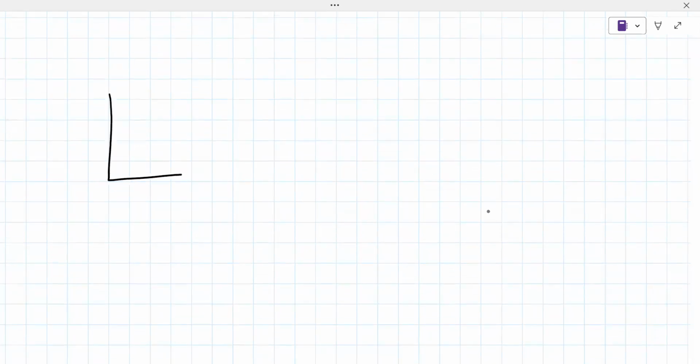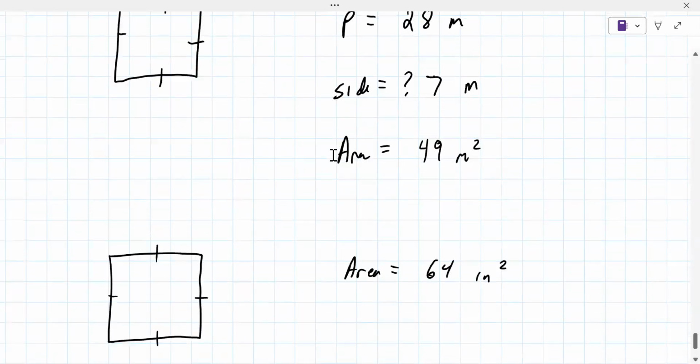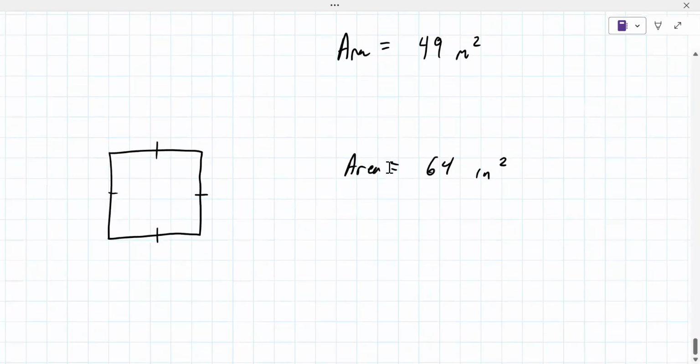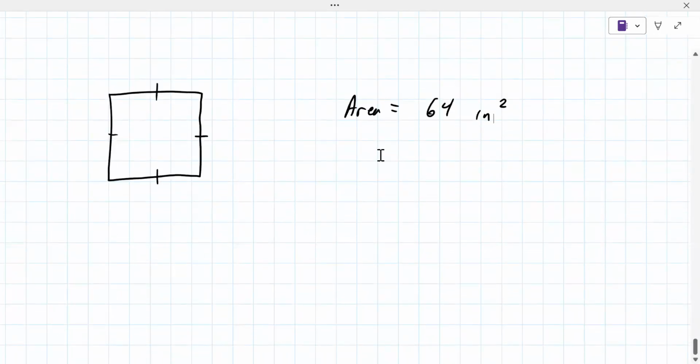Let's say again, I give you a square. All the sides are the same, but this time I tell you that the area is 64 inches squared. Okay, would I do the same thing? Well, this time I'm giving you the area. What did I give you in the last problem? Perimeter. But if it's still multiplication, would I undo it by dividing?